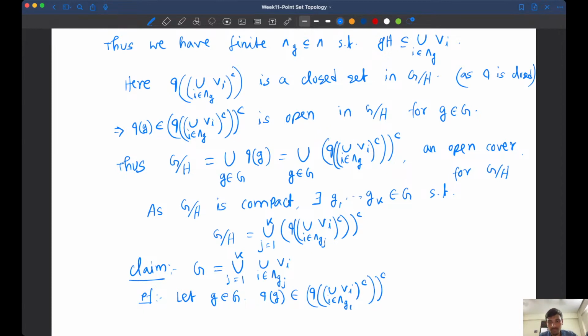And this means g belongs to Q inverse of this thing, right?